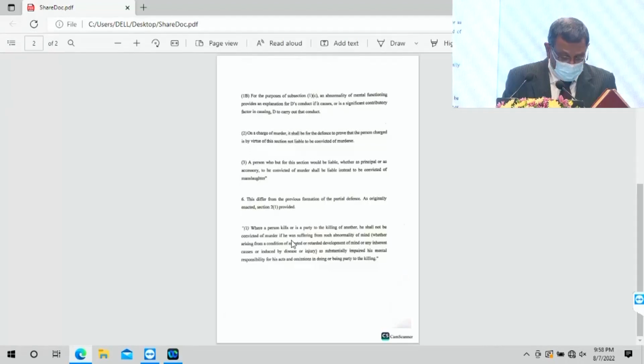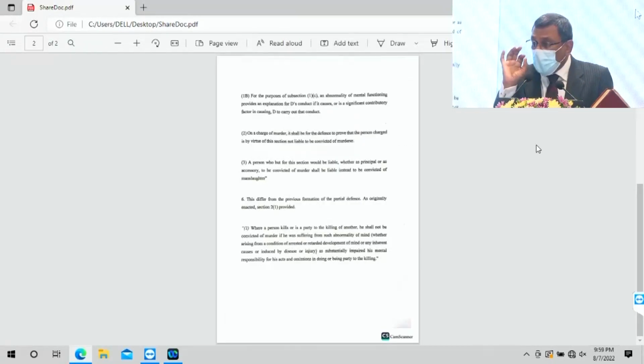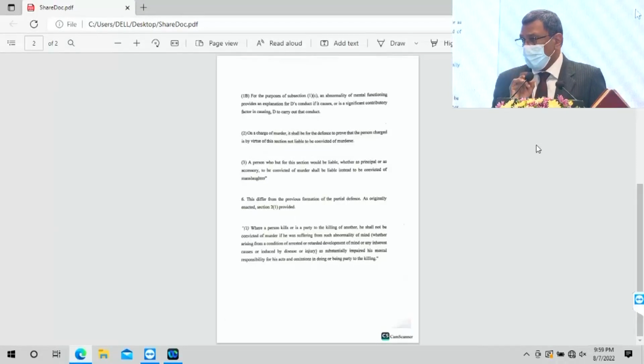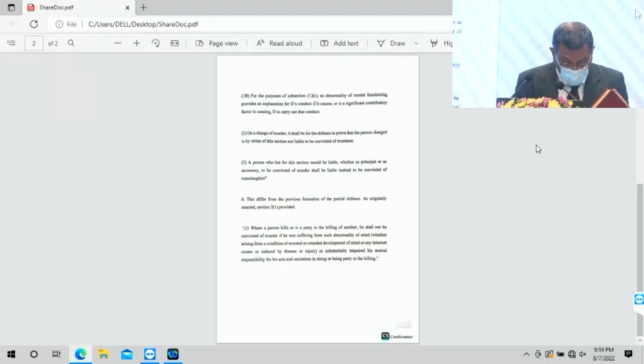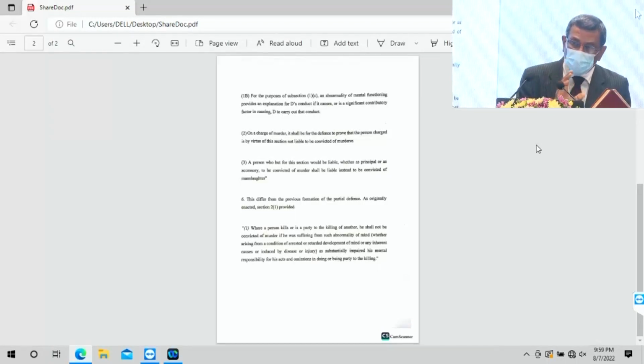The problem that came up very often in courts, very repeatedly, was to find out what it means by, as a result of this condition that existed at the time of the commission of the offense, that his understanding of his conduct and his ability to form a rational judgment in relation to his activities was substantially impaired.